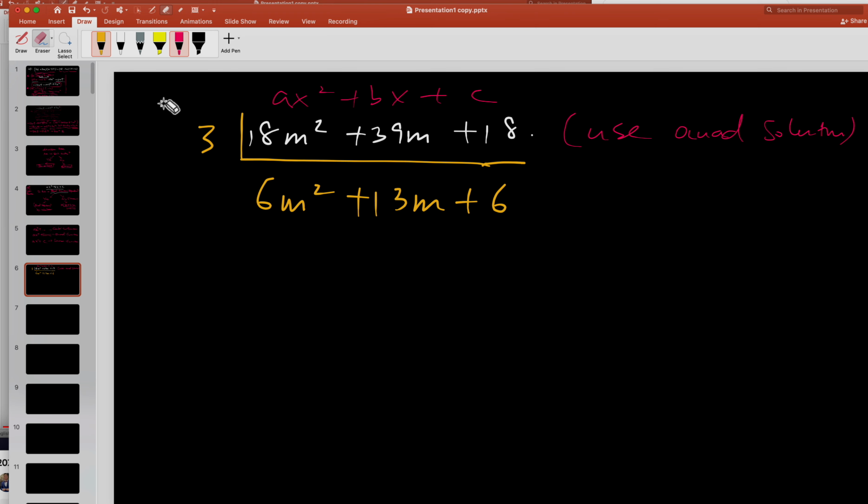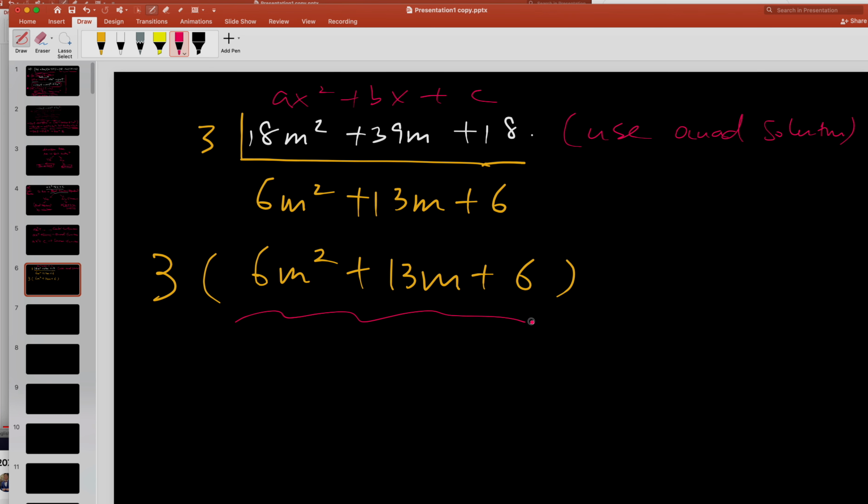So what you have is actually this. The whole question is simplified into 3 bracket 6m squared plus 13m plus 6. And now your job is to do the quadratic solution for this part only.